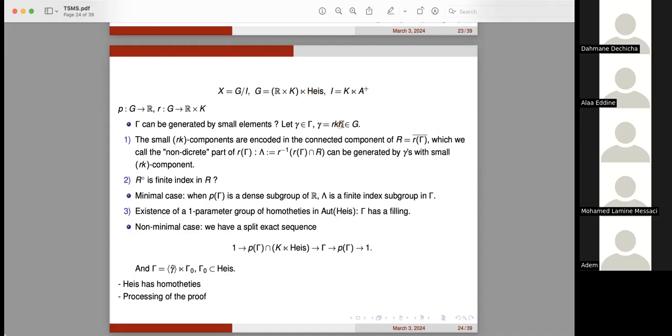And this way I can ensure that gamma is generated by elements with small components. This is the case when the projection on the R factor is dense.